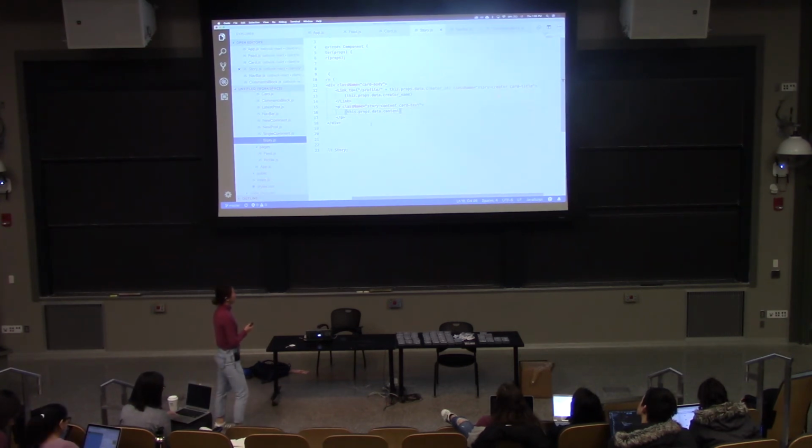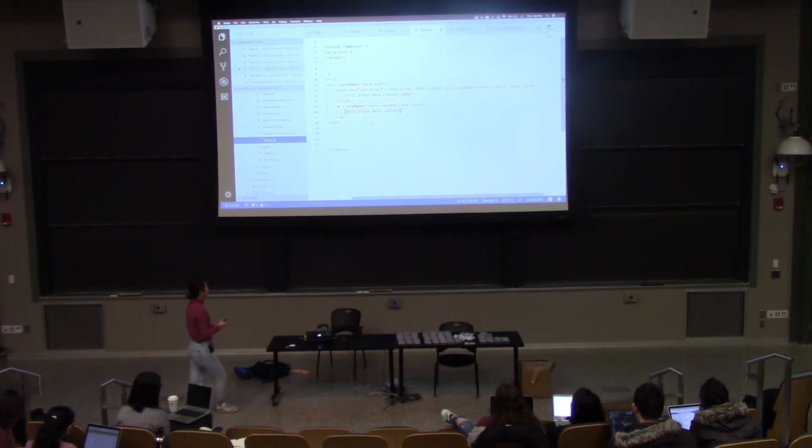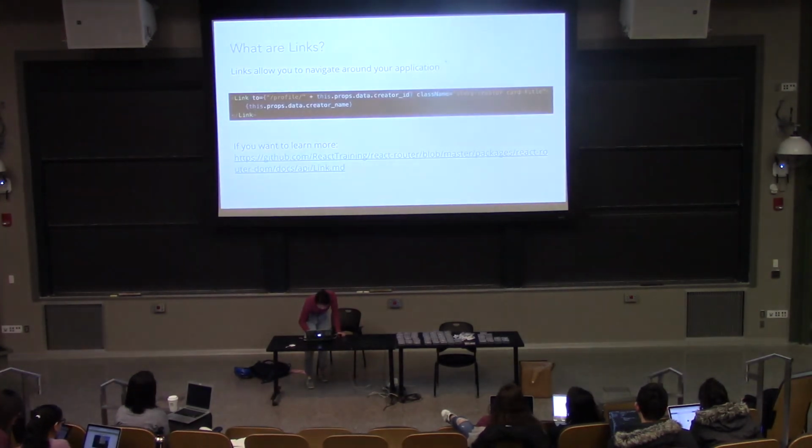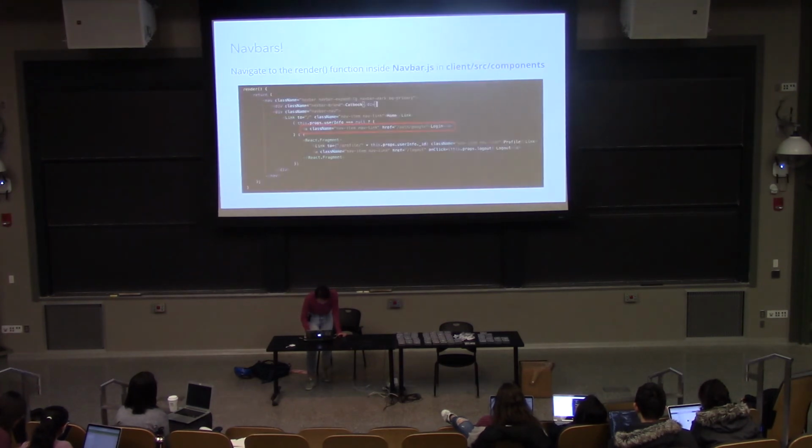And remember, these class names are just Bootstrap stuff, so it's the same. You can use Bootstrap with React. And your key tag is a prop of data or content. We passed in this information from the top. So that's story. And that explains what the link is, and there's a link to the link documentation if you want to learn more about that.